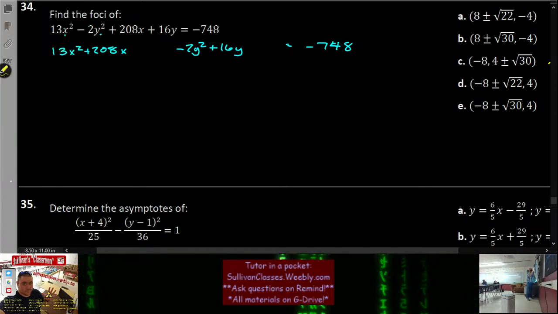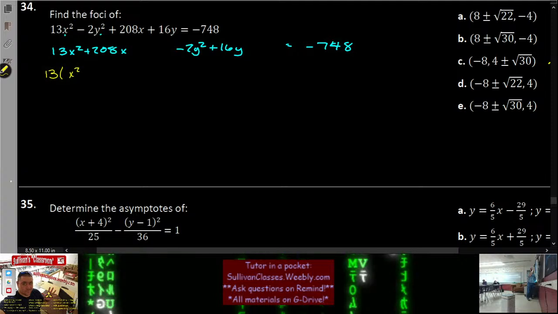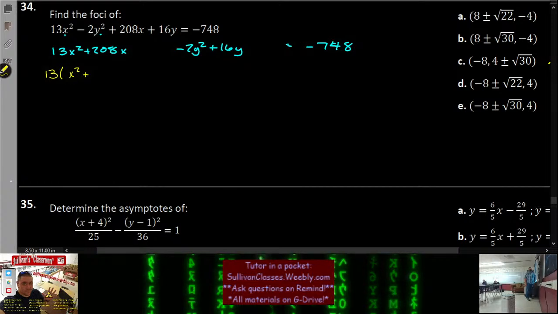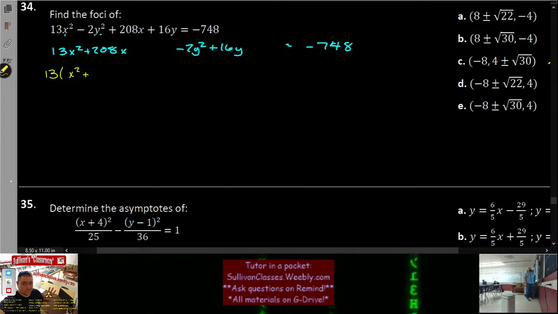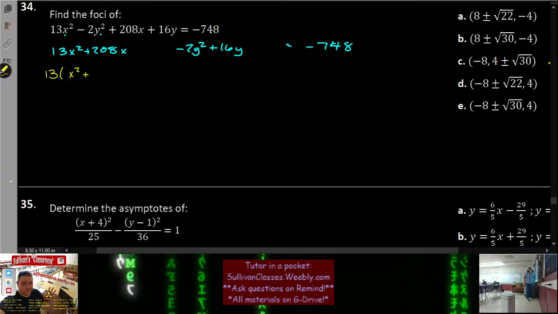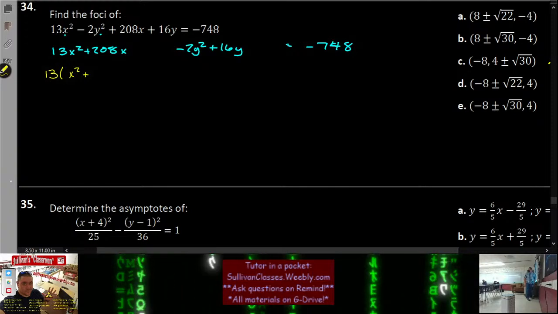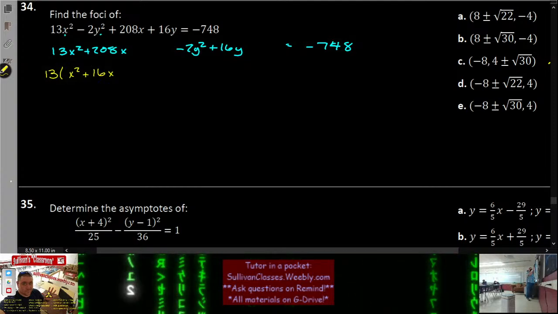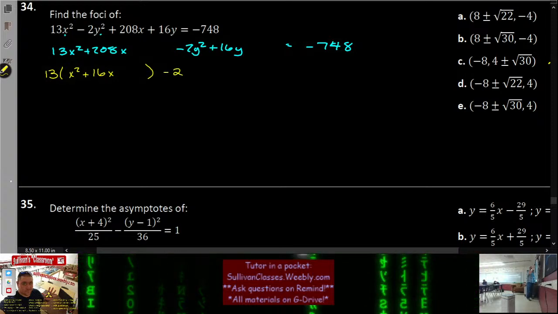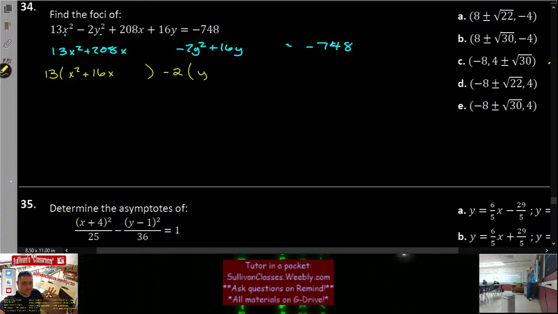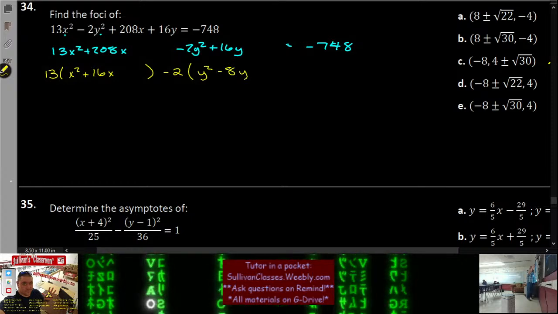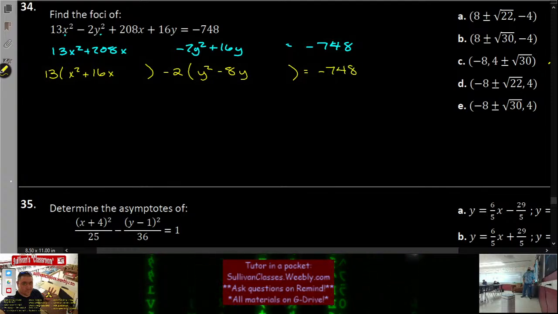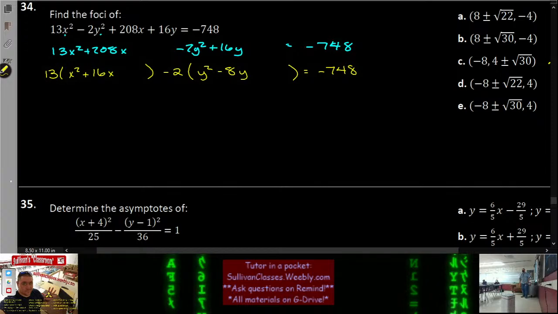I'm going to factor that 13 out, leaving x squared plus 16x. Take out -2 from the y terms. Be very careful with your signs there.